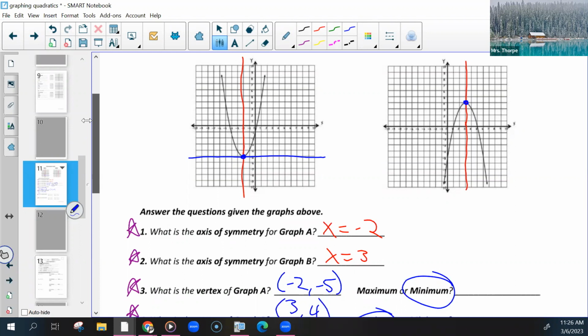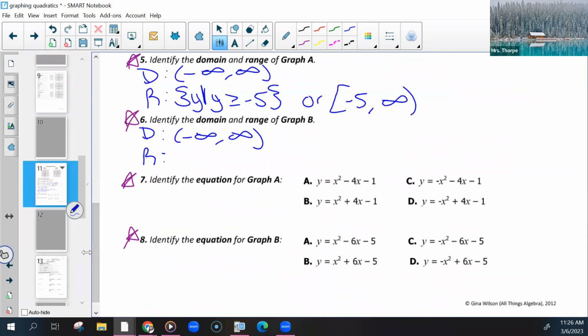Was that our minimum or maximum? Oh, that's nice. So that would be our highest. So it'd be everything below 4. So we could write it as y is less than or equal to 4. Or it would start at -infinity and go.